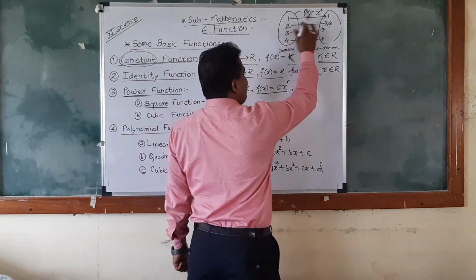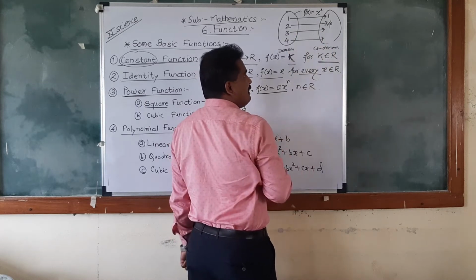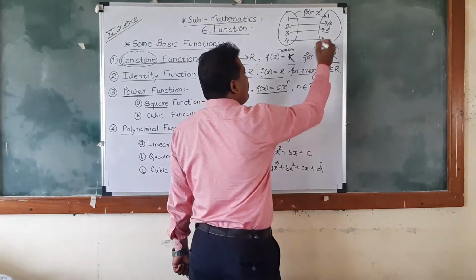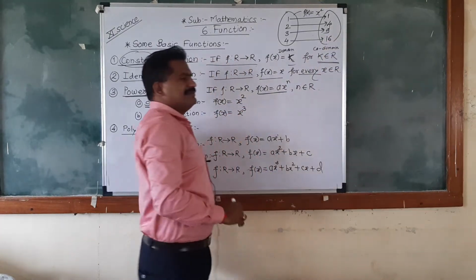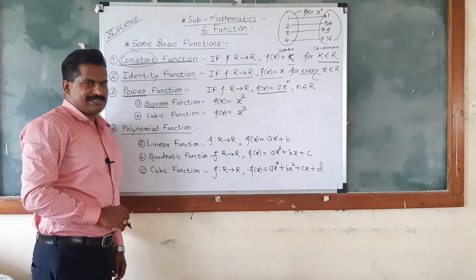Therefore, each element in the codomain is the square of the element in the domain. 3 maps with 9 and 4 maps with 16. Therefore, it is a square function.